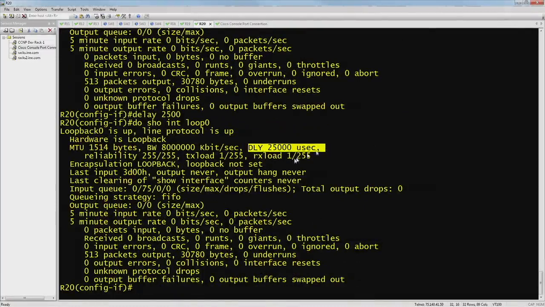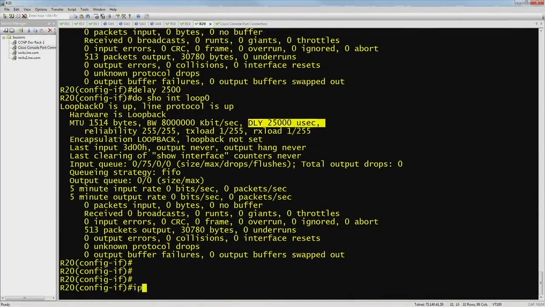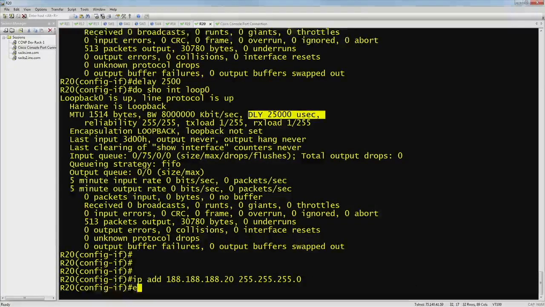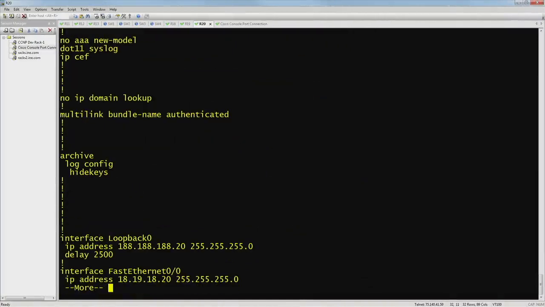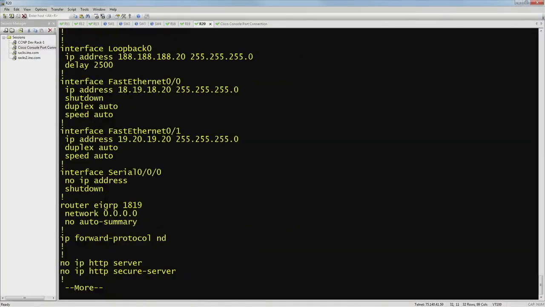So I've just made EIGRP believe that this link is slower than it really is. And so now I'm going to add that same subnet in there. Okay, let's see if this guy's set up to advertise that or if I have to do something extra in EIGRP. Nope, he should already advertise it.